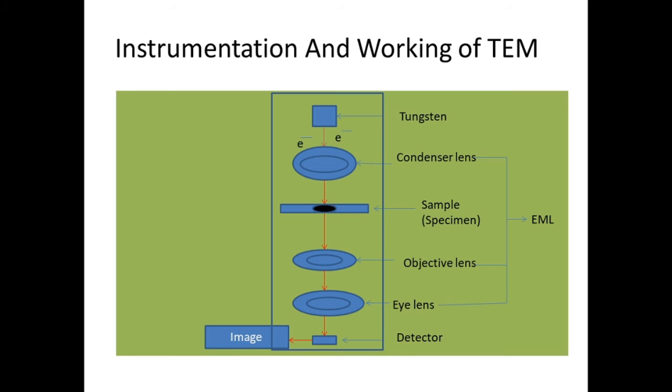The cutting is done with an ultramicrotome. Okay, and the last stage is collection of sections on a grid. Okay, this is the whole idea about preparation of a sample in TEM.